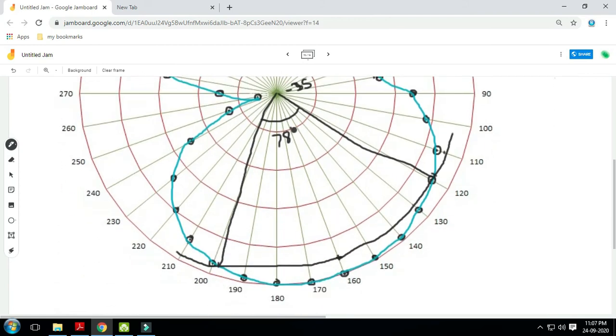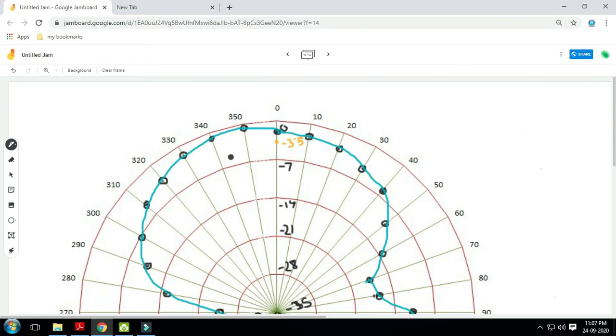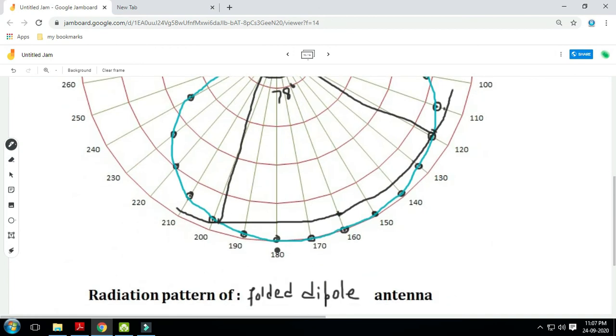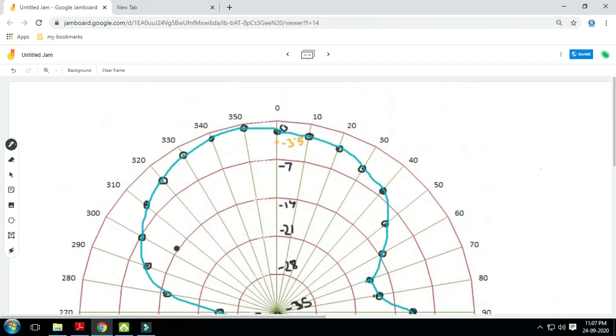We have also calculated the 3 dB beam width. In the same way, you can also calculate the 3 dB beam width in the other half, that is this portion also. So we have calculated for this lobe, the back lobe, and this is the front lobe. You can also calculate the 3 dB beam width in the front lobe. So again the same thing, you just go down from this 0 dB line. So this is 3 dB here, and make it center.